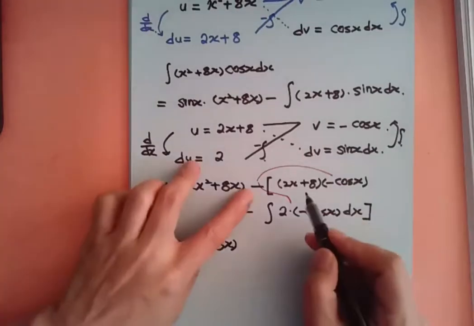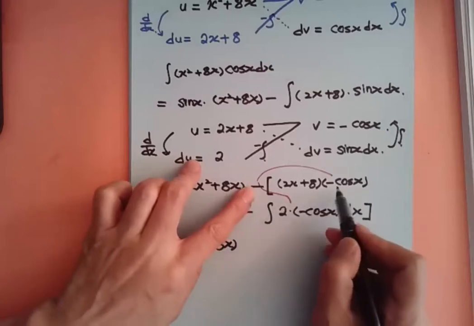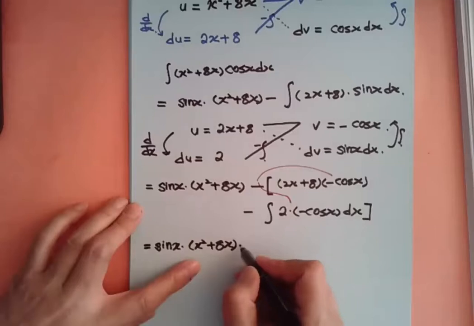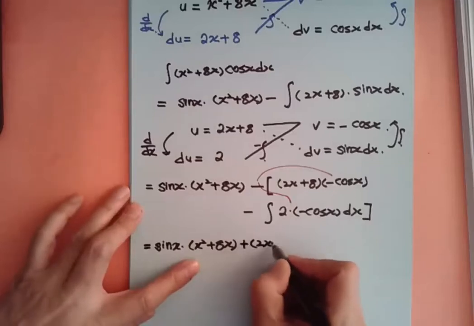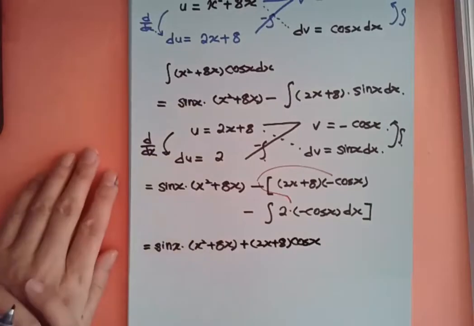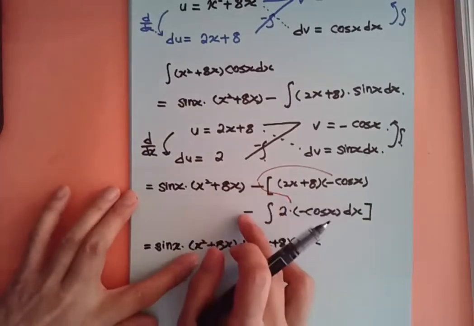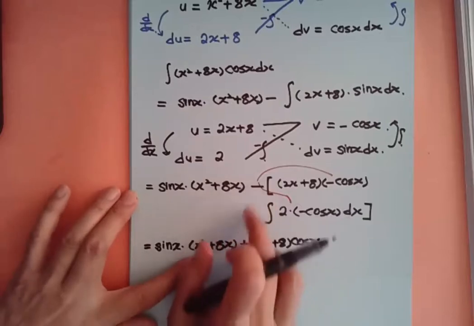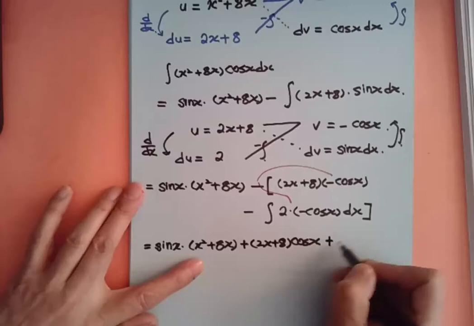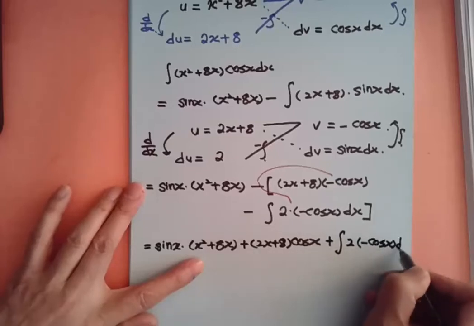So if we multiply -1 to the first group, then this minus and this minus will make plus. So we will have plus 2x plus 8 times cosine x. For the second one, this minus and this minus in front of integration will make plus, right? So we have plus integration 2 times minus cosine x dx.